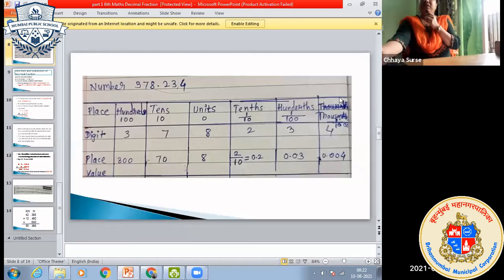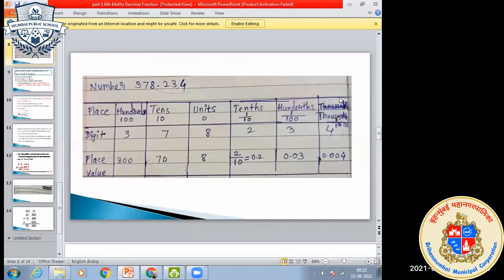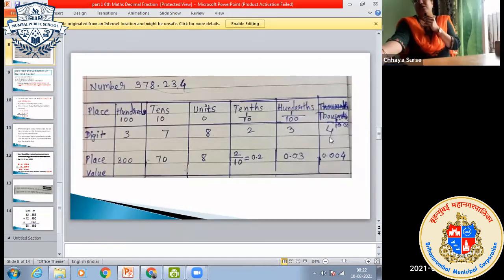So for 4 upon 1000, after the decimal point we want 3 digits, because 1000 has 3 zeros. So here the 4 is 1 digit. To make it 3 digits, after the decimal point we added 2 zeros. So before the 4 we added the 2 zeros.